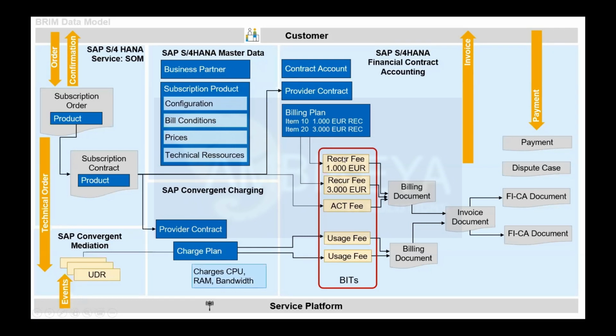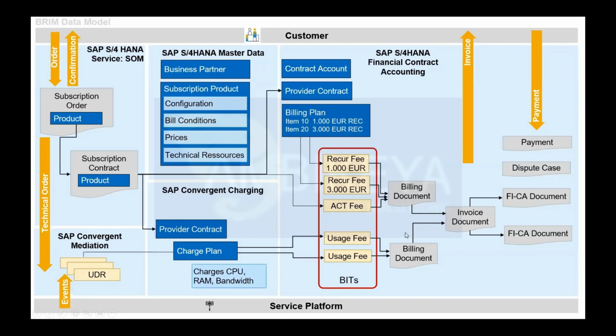We have here the base recurring fee, and for the additional service option, we have the additional fee of 3,000 euro. As well, it's possible to have an activation fee coming out of the order or contract. And so we have the base for the process. We have all billable items here.